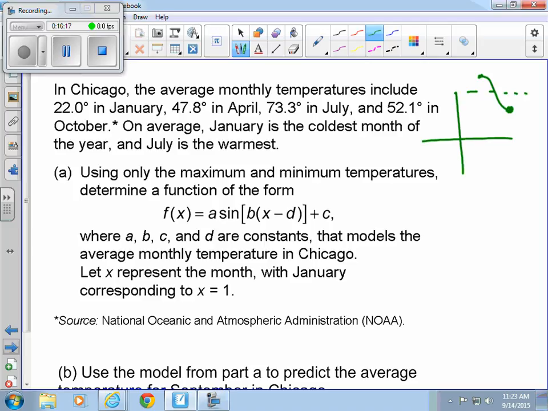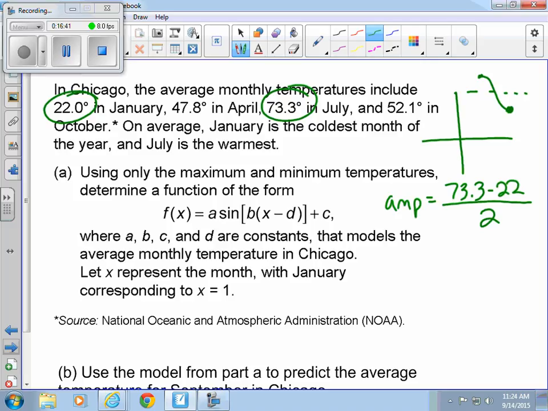So I'm going to find the distance between the top temperature, which is 73.3, and the bottom temperature, which is 22. So for the amplitude, I'm going to do 73.3 minus 22. I'm going to do half of that.